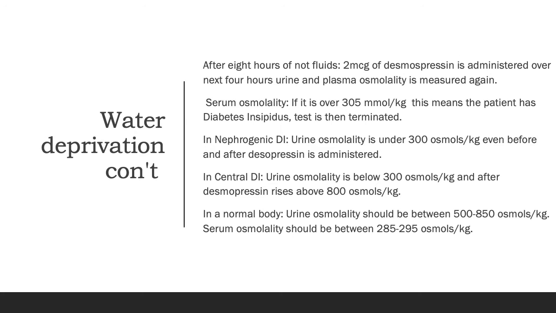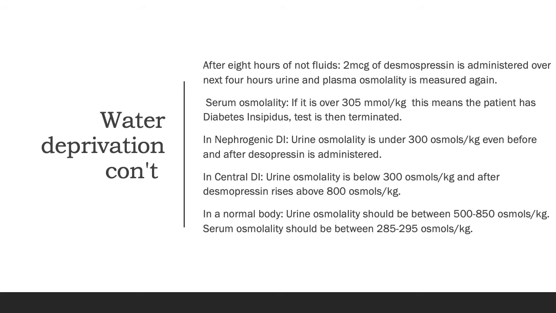Also for urine osmolality, for nephrogenic diabetes insipidus, before and after the desmopressin, the urine osmolality is under 300 osmoles. For central diabetes insipidus, before the desmopressin is administered, the urine osmolality is below 300 osmoles, and then after it rises to 800 osmoles.